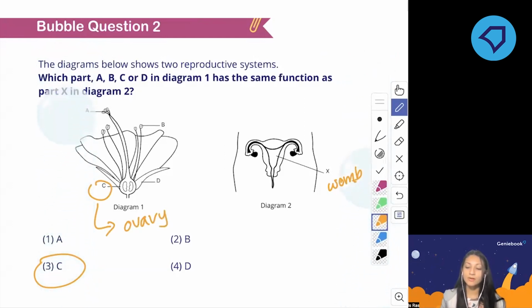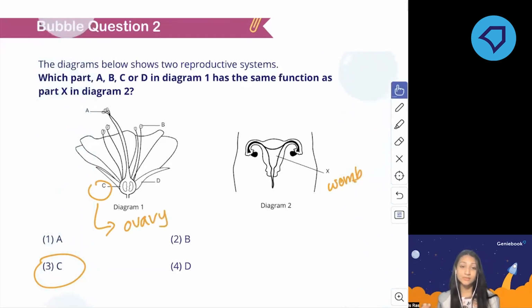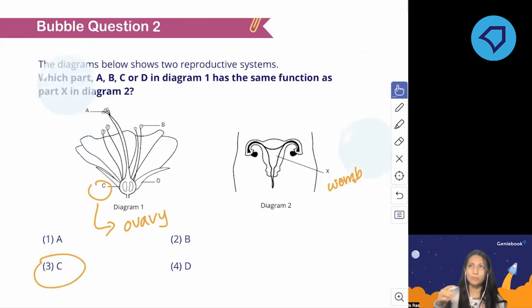Take note, there can be some confusion. Some of you may think that the ovary in plants works the same way as the ovary in humans. That is not true. In terms of function, they function differently. The function of the ovaries in humans is closer to the ovules in plants. The ovule is the one that contains the egg cells.